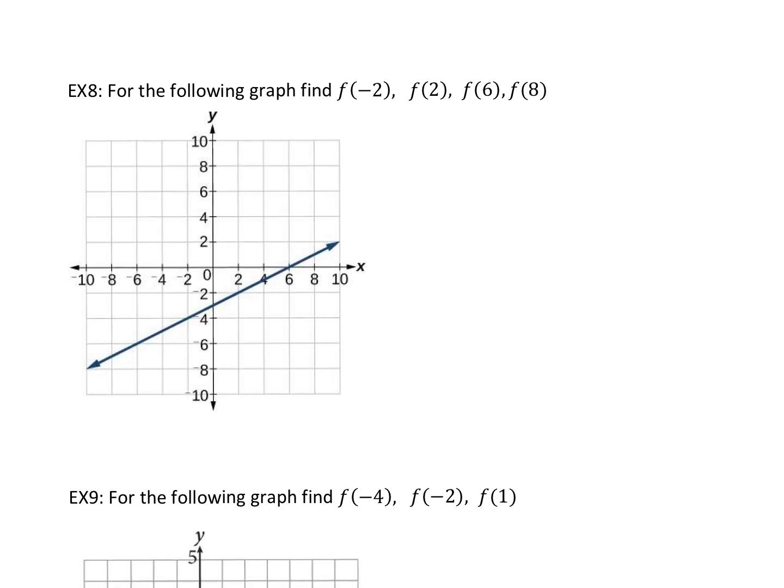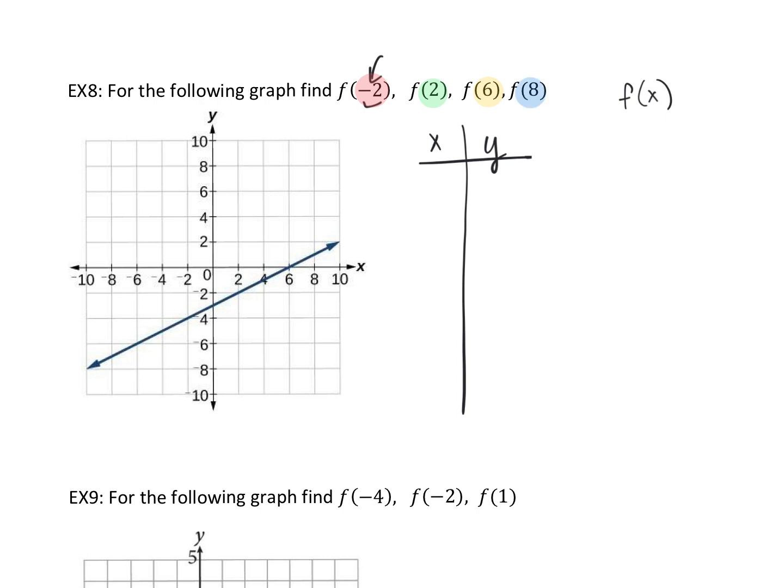Example 8. For the following graph, find f of negative 2, f of 2, f of 6, and f of 8. Okay, so there's different ways to do this. I'm going to go ahead and make a table of contents. Remember, the input values, I'm used to seeing f of x, which means that these numbers here, let me go ahead and highlight them, these are x values, the numbers on the inside of the parentheses.